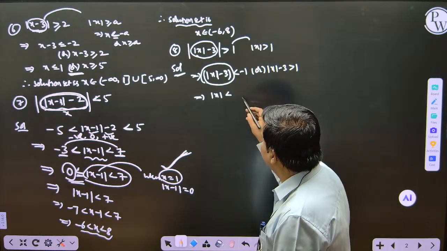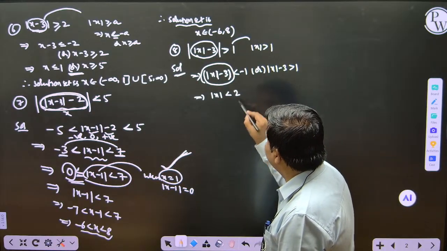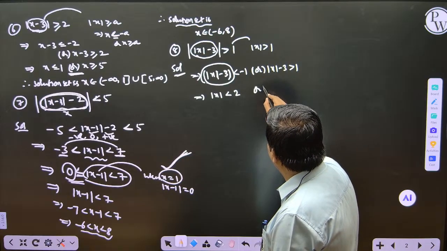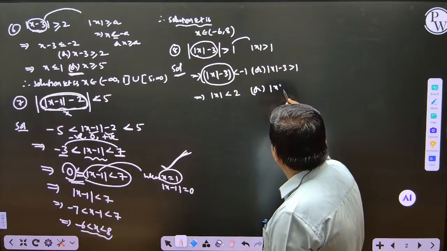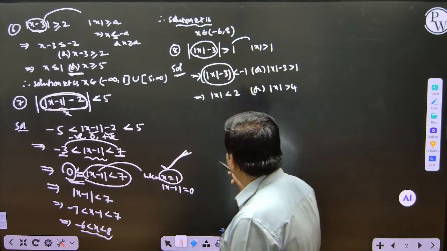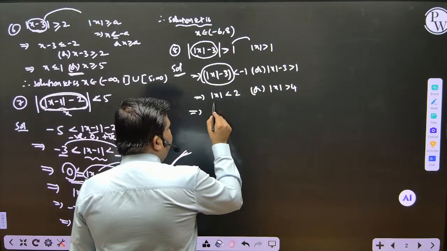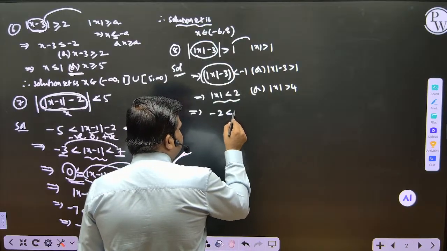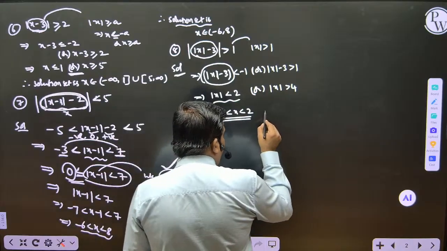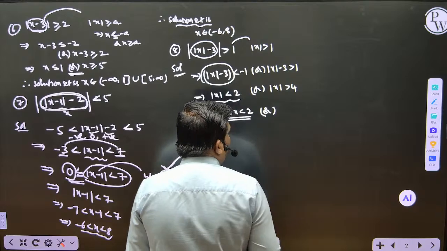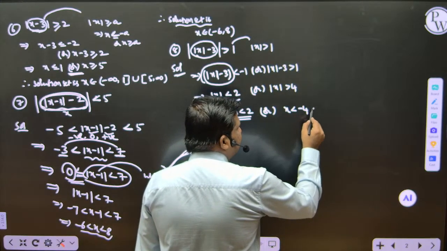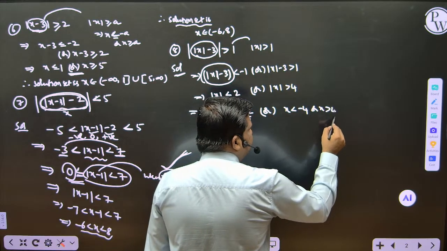Minus 3 shifted to that side: minus 1 plus 3 is 2. So mod x less than 2, or mod x greater than 4. Mod x less than 2 means x lies between minus 2 and 2. Mod x greater than 4 means x less than minus 4 or x greater than 4.